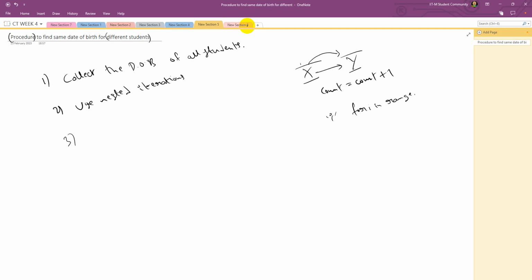No, in the inner loop we have X, and in the outer loop we have Y. First the card X is read and put into table number 2. Then we pick up card Y and compare card Y with card X's date of birth. If it is matching, then we increment count by 1.